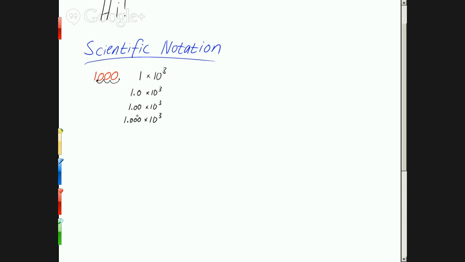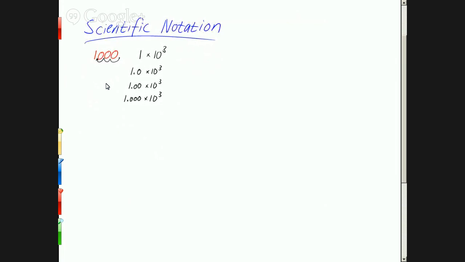Now, which one's correct? Well, that depends on your experiment and what you're actually measuring and how many significant figures you need. But the point is that without scientific notation, you can't express that. There's no way to express these different levels of precision when we just write 1,000. So beyond just making it easier to write big and small numbers, scientific notation helps us to clarify our level of precision based on our measurement.